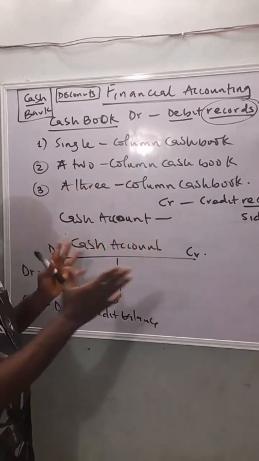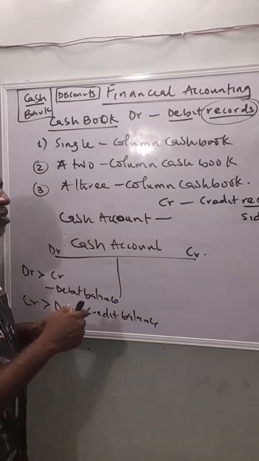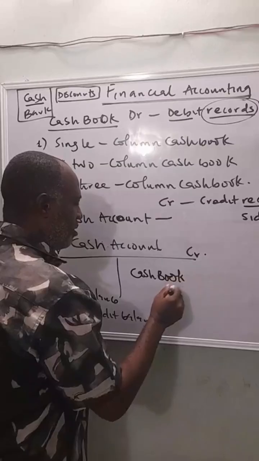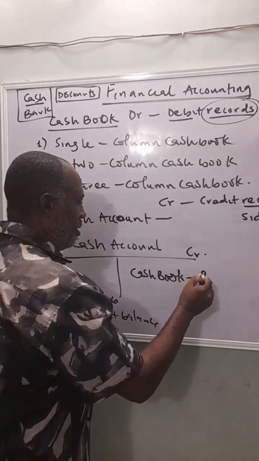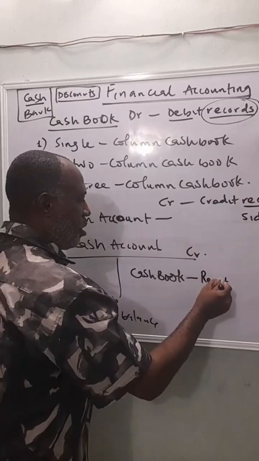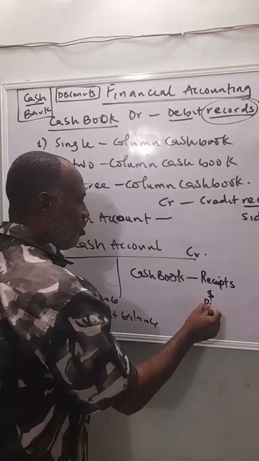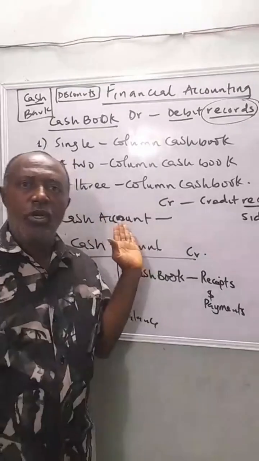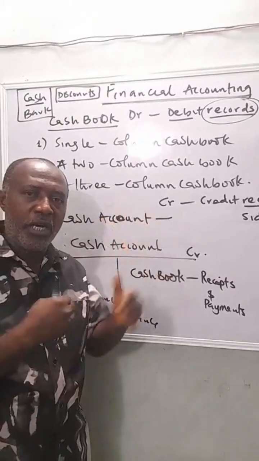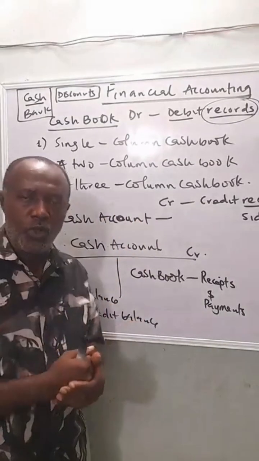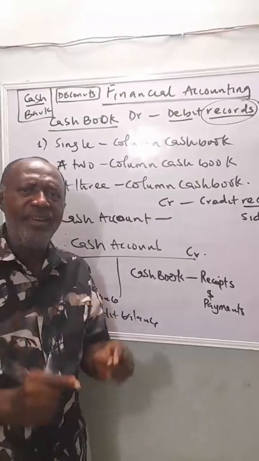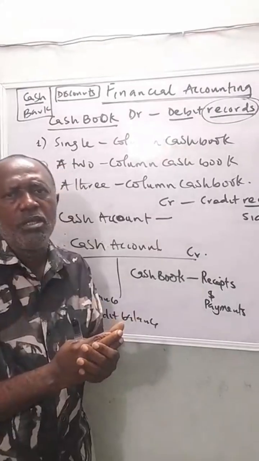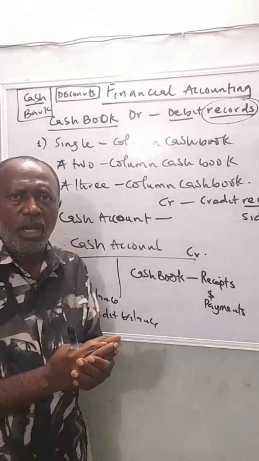Remember, all of them are still cash book. The debit side is receipts, while the credit side is payments. So anytime you talk about cash book, it means receipts and payments account. To solve these questions, whether you are solving a cash account, bank account, 2-column cash book or 3-column cash book, you apply the double entry principle, which says for every debit entry, there must be a corresponding credit entry and vice versa.